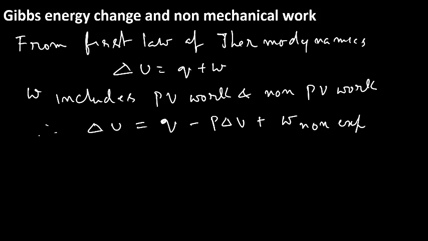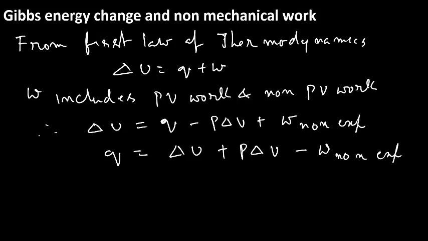We can write this by bringing these two factors to this side. Therefore, Q equals delta U plus P delta V minus W non-expansion. Delta U plus P delta V is nothing but delta H. Therefore, Q equals delta H minus W non-expansion.